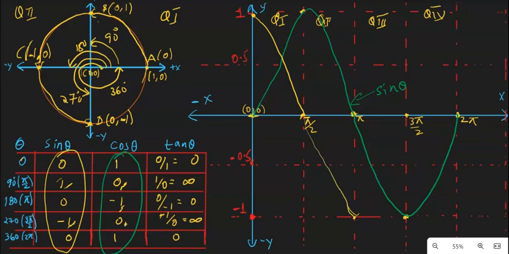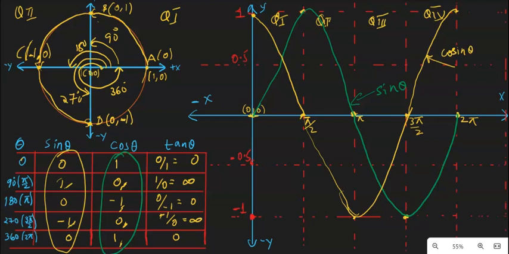At 3 pi over 2 it's 0, so it goes all the way back to here, and at 360 degrees the value of cosine is 1, so it goes up here. The curve looks like this. Alright, so that's the cosine curve.